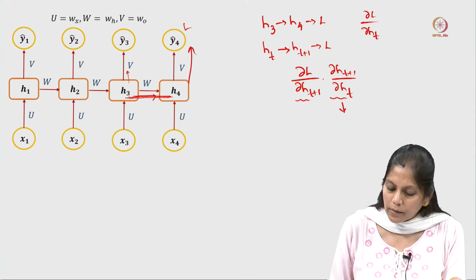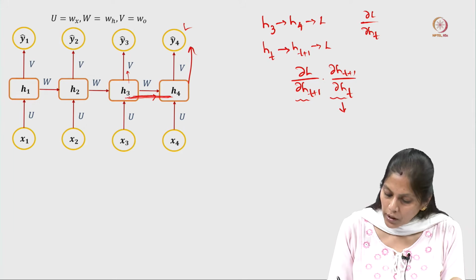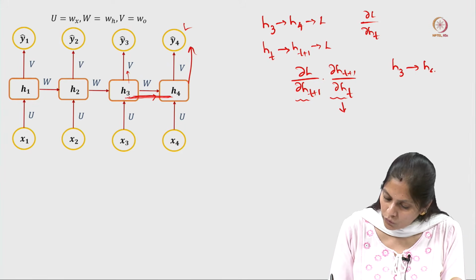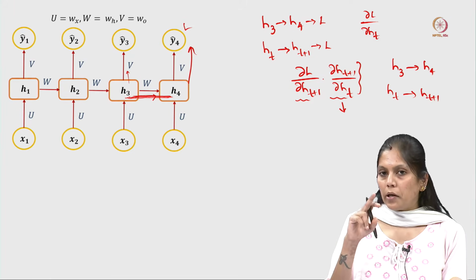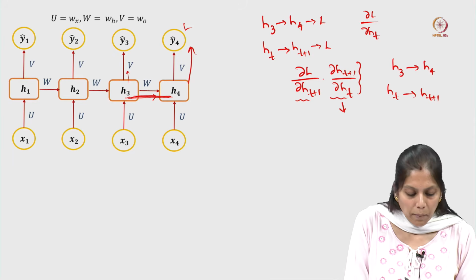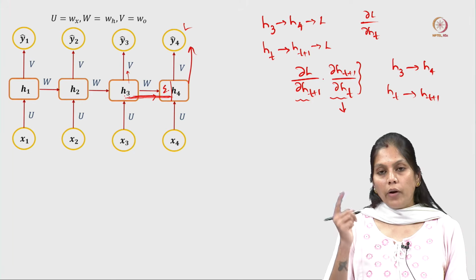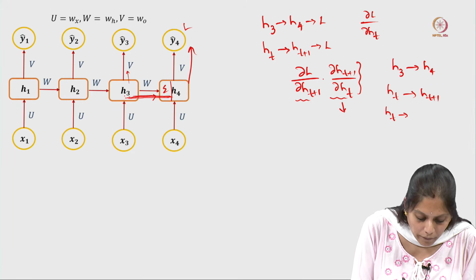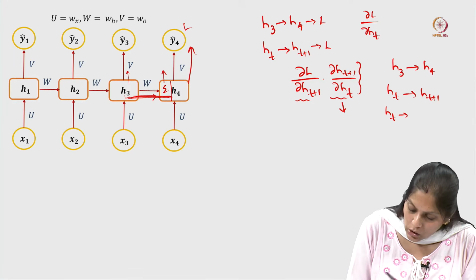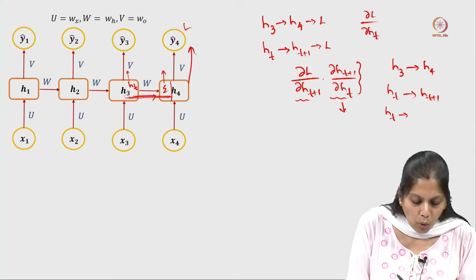Now we need to calculate each of these terms. Let us calculate this. What is this term? It is only between H3 and H4, that is, HT to HT plus 1. What do we have between HT and HT plus 1? Don't we have a summation term? If you are calling this HT, what is this part?